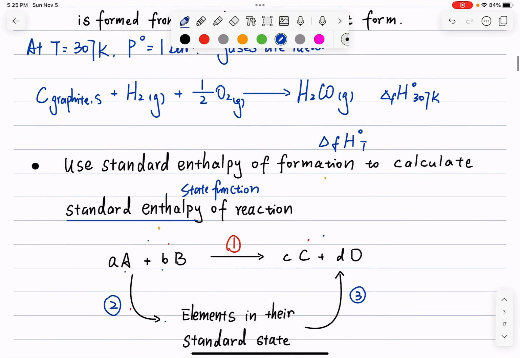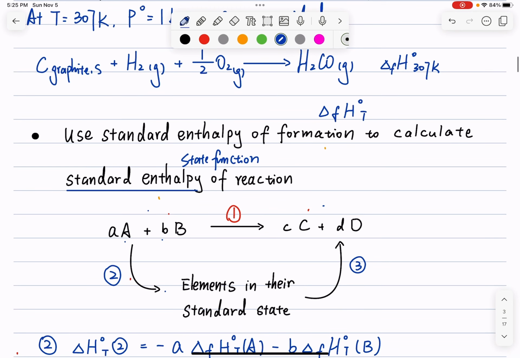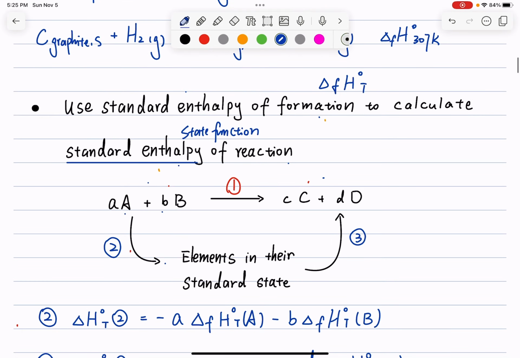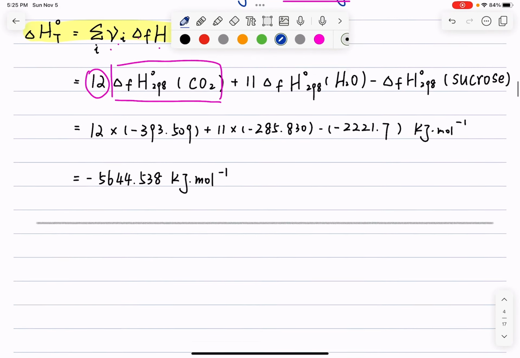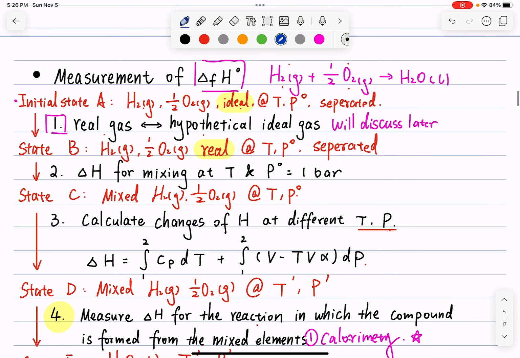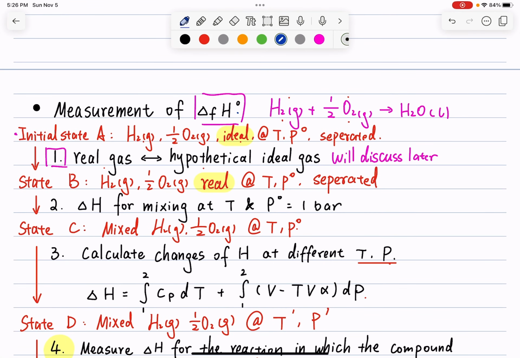Then we talked about the relationship between the standard enthalpy of formation and how to use it to calculate the standard enthalpy of a given reaction. We did some exercises together on that topic, and then we carefully went over a process needed to measure the standard enthalpy of formation.